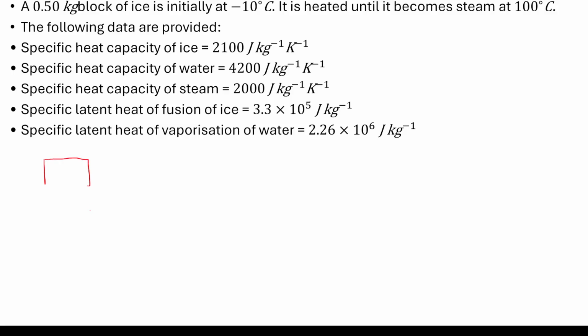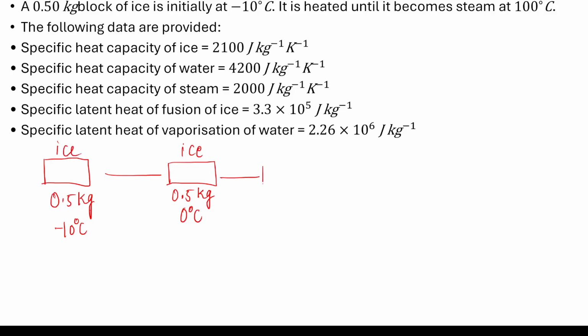So I have a 0.5 kg block of ice at minus 10 degrees Celsius. Then it is heated until it becomes steam. So if you heat it, it would first come to 0, still ice. Then it changes to water, but the temperature would not change. 0.5 kg, still 0 degrees Celsius.